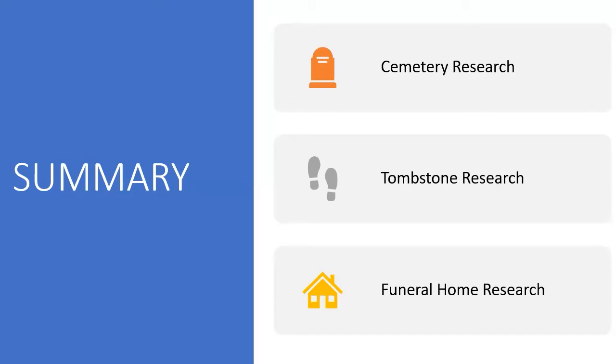I've seen information on both the front and back of a tombstone, providing quite a bit of family and genealogy information. And funeral home research is a neat way to capitalize on information that the funeral home may have, if the funeral home is still in existence. It can provide a wealth of information relative to the family and friends your deceased family member had in the time frame that they lived.